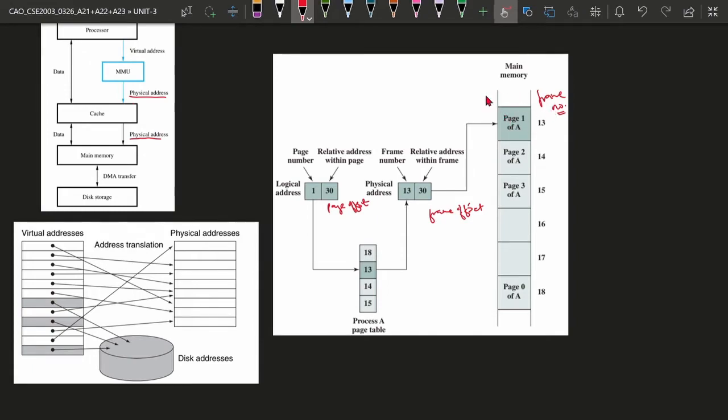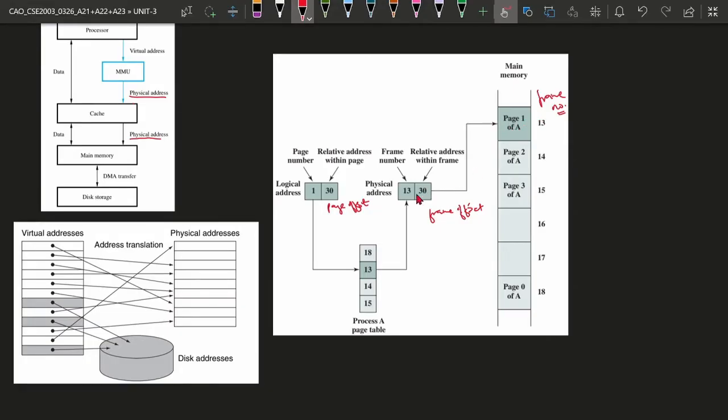But in case of the paging concept or the virtual memory concept, we will be considering it as a frame number. Each memory element of the main memory is considered as a frame. Inside different frames, based on the size of the data, it will have different frame offsets.